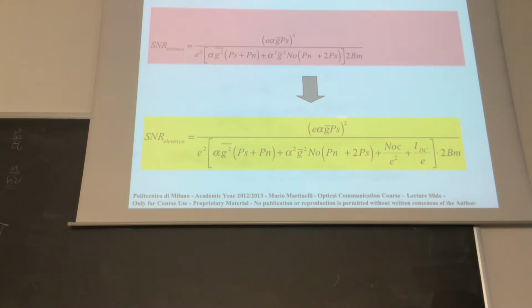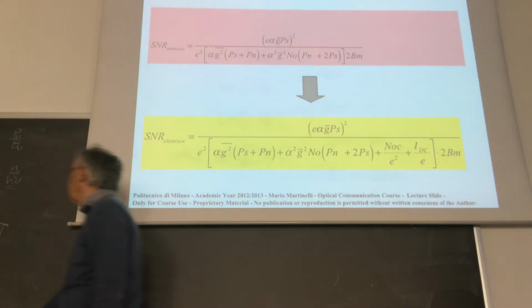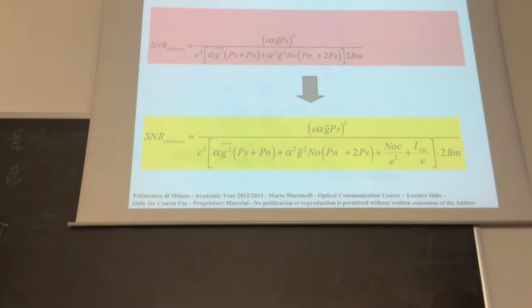This is very simple to learn because in the numerator I have alpha Ps, that is the count rate, times the gain if an APD exists, squared. And in the denominator I have a variance, and I underline that this is a variance. This alpha Ps in the numerator looks like second minus 1.